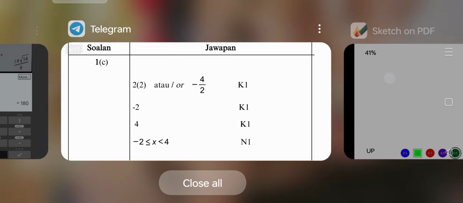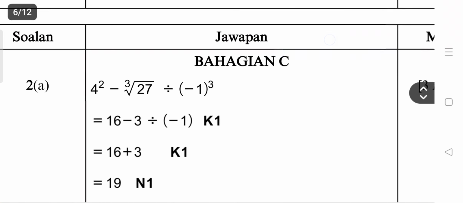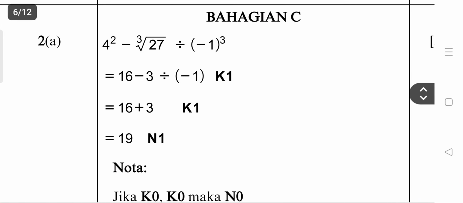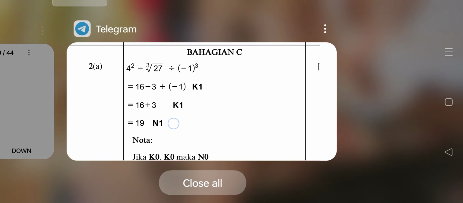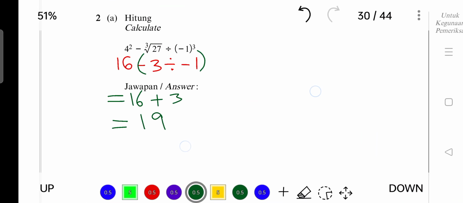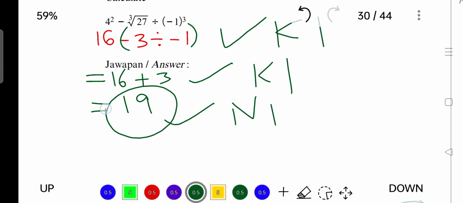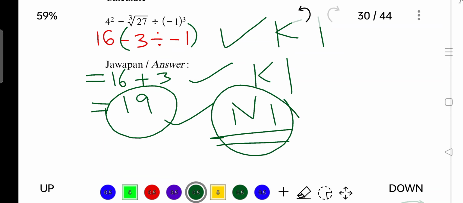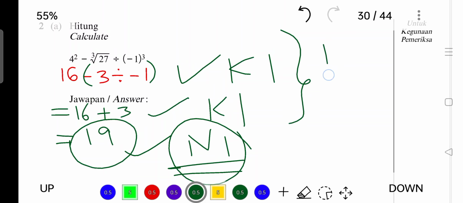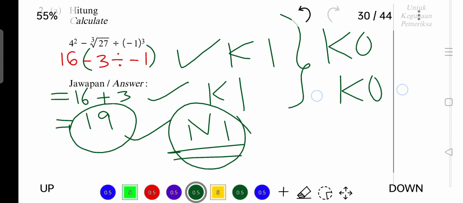Let's look at the way they give you marks. Here is your K1, here is your K1, and here is your N1. Bear in mind, if you press your calculator and give me just the number 19, of course you can get N1, but without your K. If you get K0 with no working method, another K0 with no working method, definitely your N will not carry any marks.